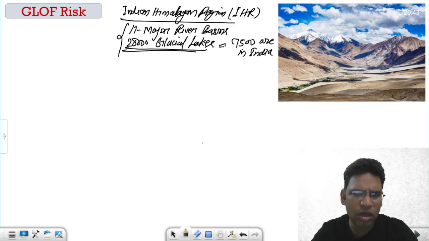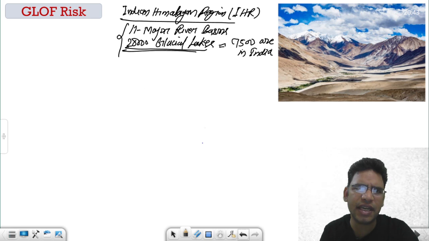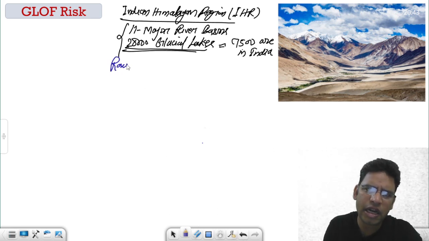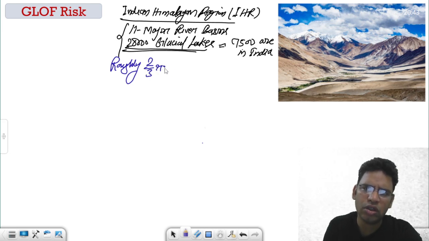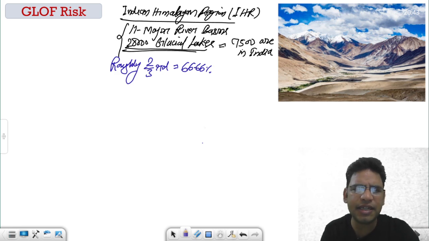Okay, so almost 2/3 of the risk, the GLOF risk, generally it has been seen, roughly let me tell you, 2/3 or approximately 66.66%, which is 2/3 actually. These events are triggered by ice avalanches or landslides, right?